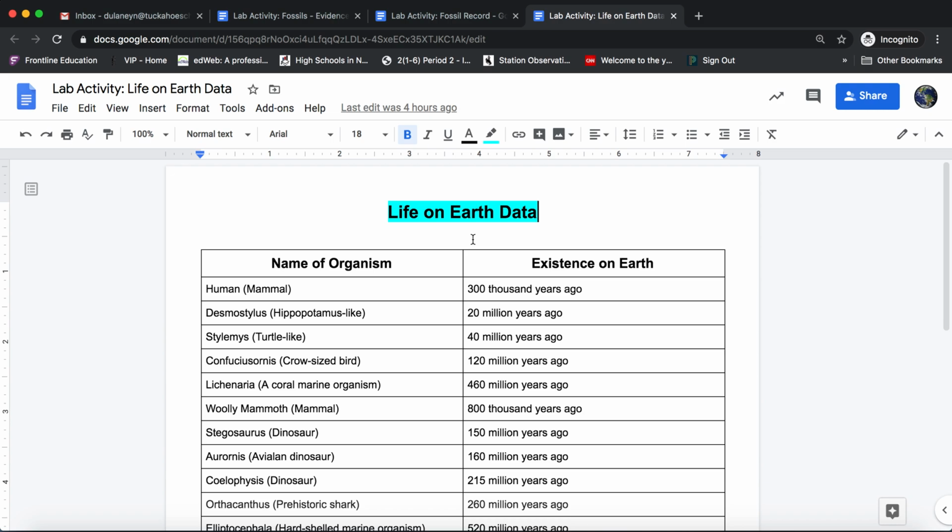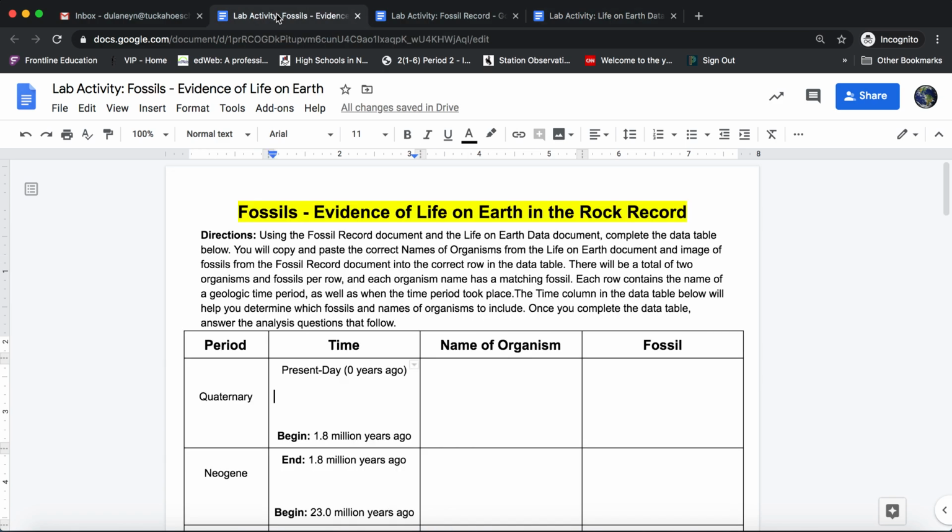And the first thing I see is going to help us out a lot. I see human, in parentheses mammal, and it existed 300,000 years ago. That's when humans first came into existence on Earth. That's going to fit our criteria for an organism that's between 0 years ago and 1.8 million years ago. So I'm going to take this human and mammal, copy and paste it into my data table here.